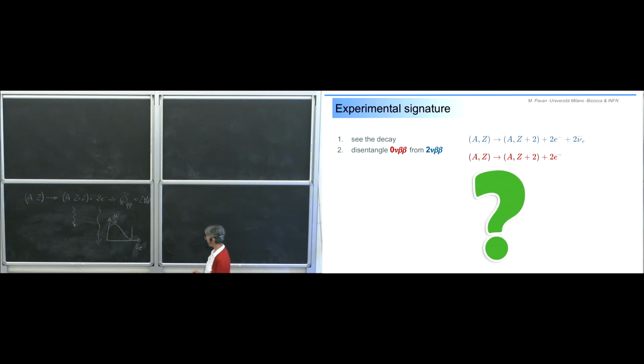Okay, one more question before we go ahead. What happens when these electrons travel into matter? Keep in mind, this is my source, and this is 1 ton. And here I have a double beta decay. What happens? I emit two electrons. Do they escape from my source? What is their range?